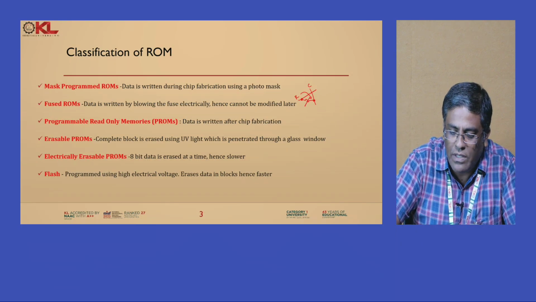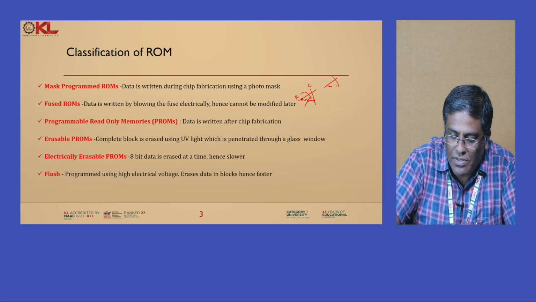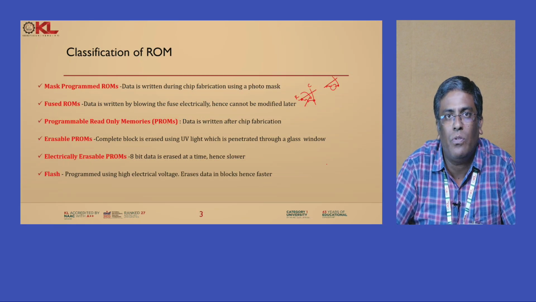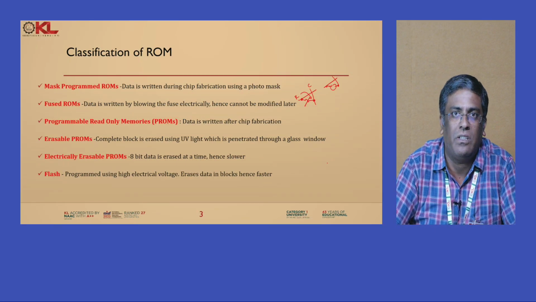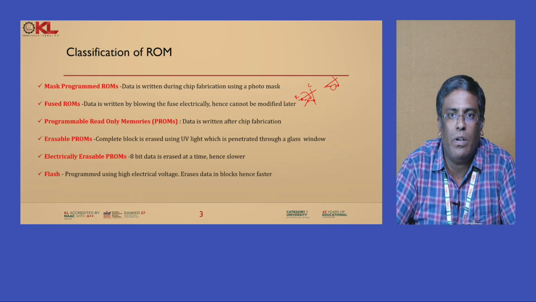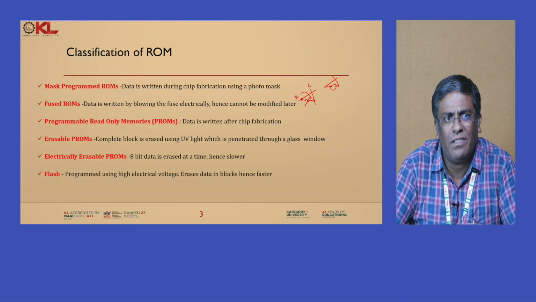Once the fuse is blown, the data is written on it, and after that this path becomes open like this. So the writing operation will not be possible again, so we can do it only once, right?